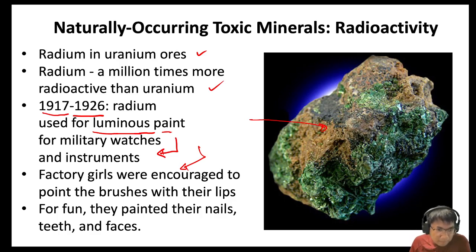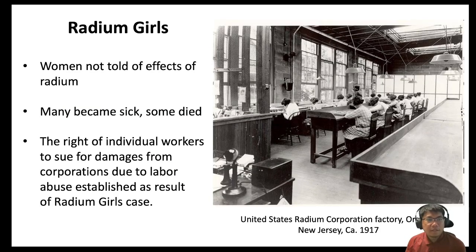Sometimes, for fun, they also painted their nails, teeth, and faces without realizing the risk associated with these radioactive minerals. So the women were not told about the effects of radium, and this is the real picture of the United States Radium Corporation factory in Orange, New Jersey, around 1917.